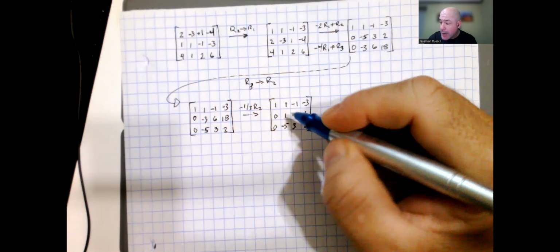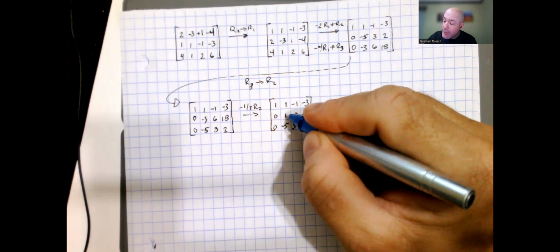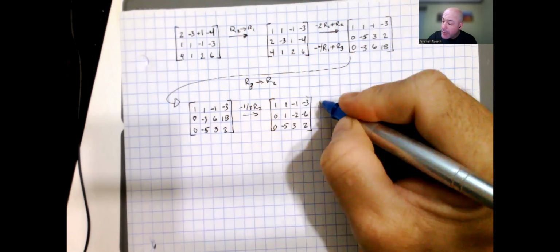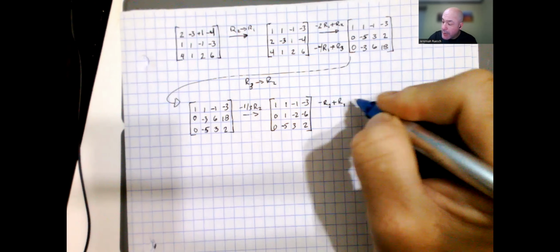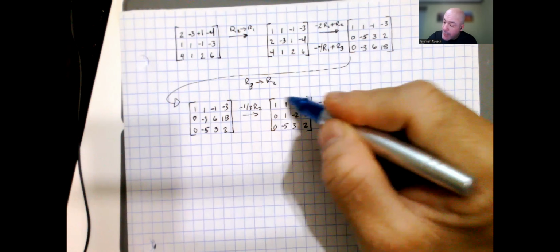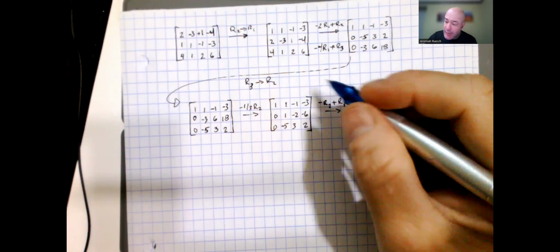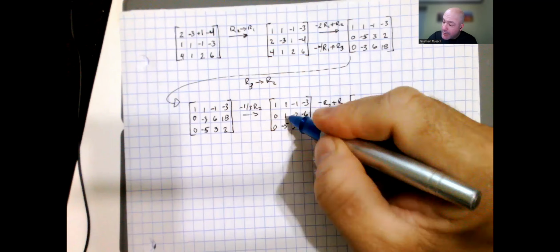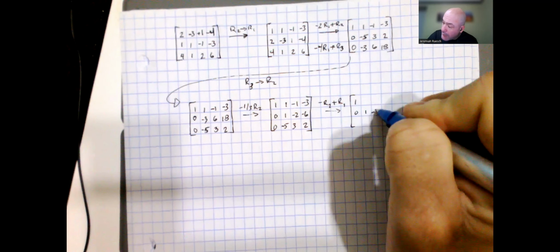So what I'm going to do is eliminate the top one first. To do that, I'm just going to think about multiplying row 2 by a negative 1 and adding it to row 1. And you should note that this first term here is not going to change because 0 times that is not going to change anything. So that'll be the same. This is going to be, I guess I should write 0, 1, negative 2, negative 6.